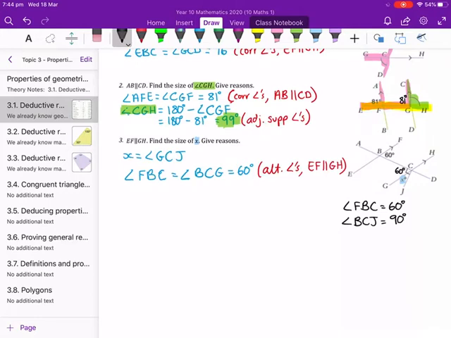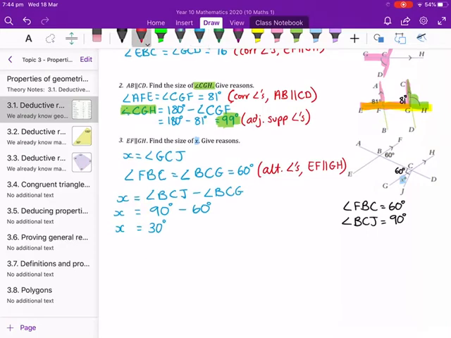So that means in order to find X, we have to go angle BCJ minus angle BCG will give us X. So our X angle will equal angle BCJ minus angle BCG, where angle BCJ is 90 degrees and angle BCG is 60 degrees. So then when we calculate what 90 minus 60 is, we get X equals 30 degrees.